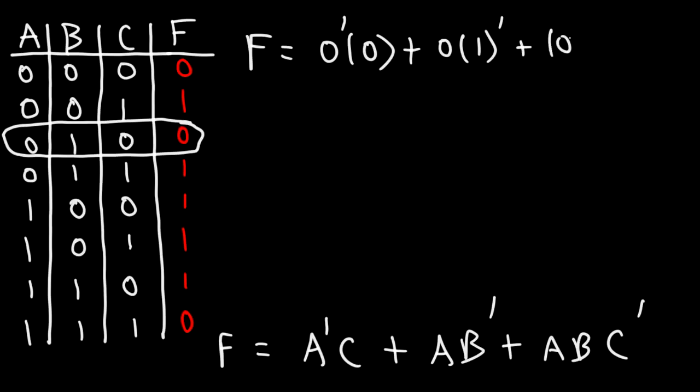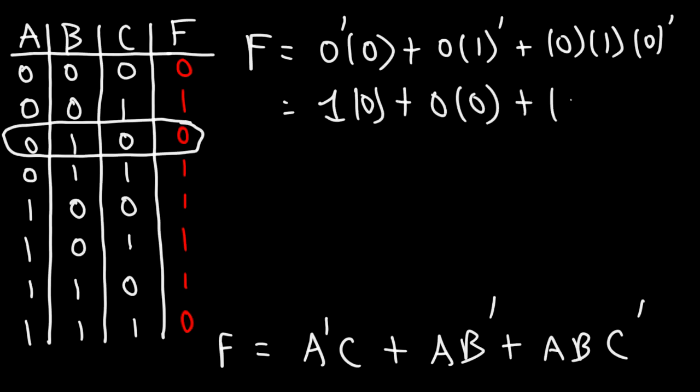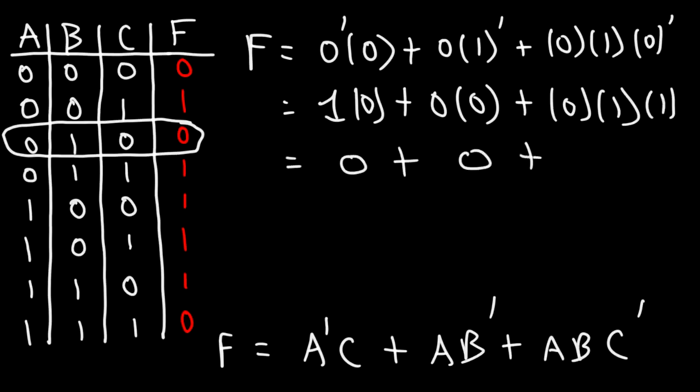So A is 0, B is 1, C is 0. The complement of 0 is 1. The complement of 1 is 0, and the complement of 0 is 1. 1 times 0 is 0, 0 times 0 is 0, and 0 times 1 is also 0. So this adds up to 0, which we can see that's the case.